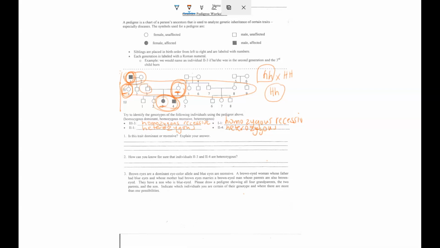Number 1, is this trait dominant or recessive? So basically it is, as I mentioned before, recessive.